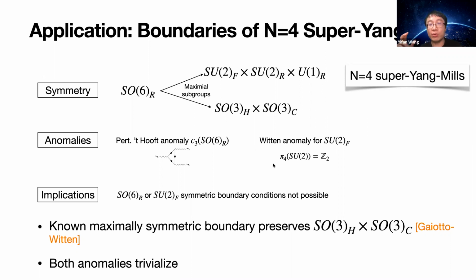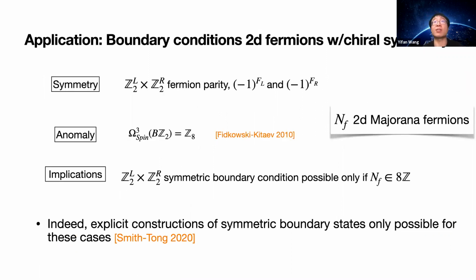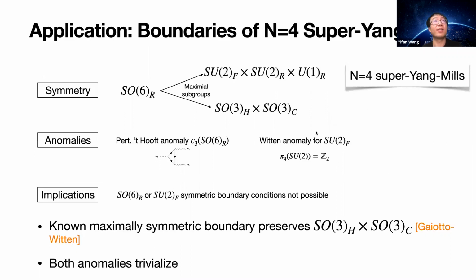This SU(2) flavor symmetry in that description has a Witten anomaly, which comes from the large gauge transformations associated with SU(2) on S^4. And from our general results, which say that an anomalous symmetry must be broken at the boundary, it means that either an SO(6)_R preserving boundary condition or an SU(2)_F preserving boundary condition does not exist.